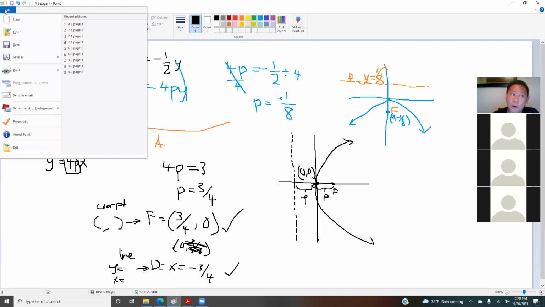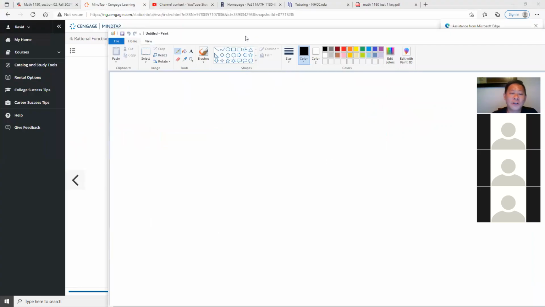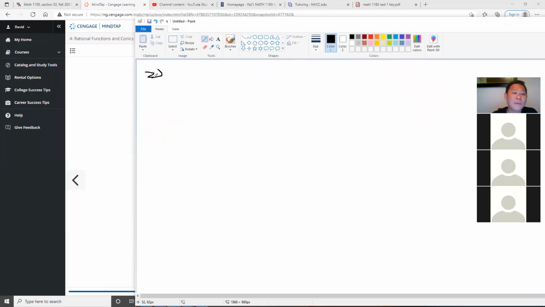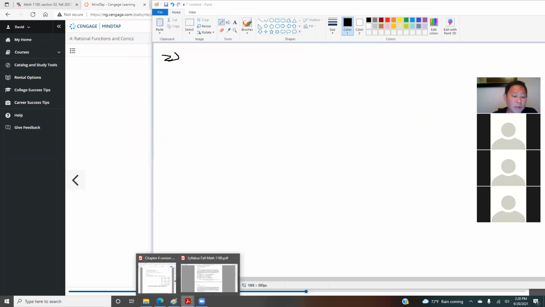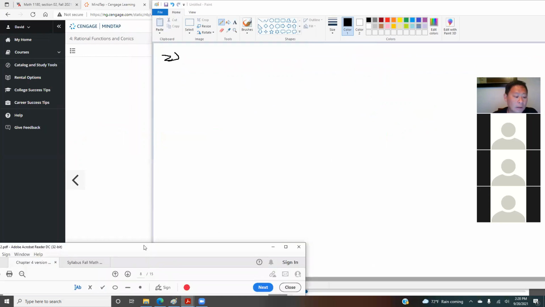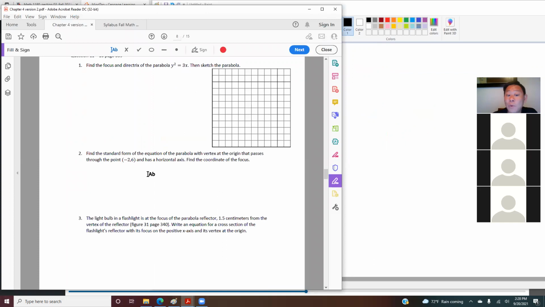Okay, and again, this is the parabola. We've got three more: the ellipse and the hyperbola. So we just concentrate on one first. Let's take a look at number 2. Question number 2 also asks you to write the equation of the parabola with its vertex at the origin, passing through the point -2, 6, and having a horizontal axis.